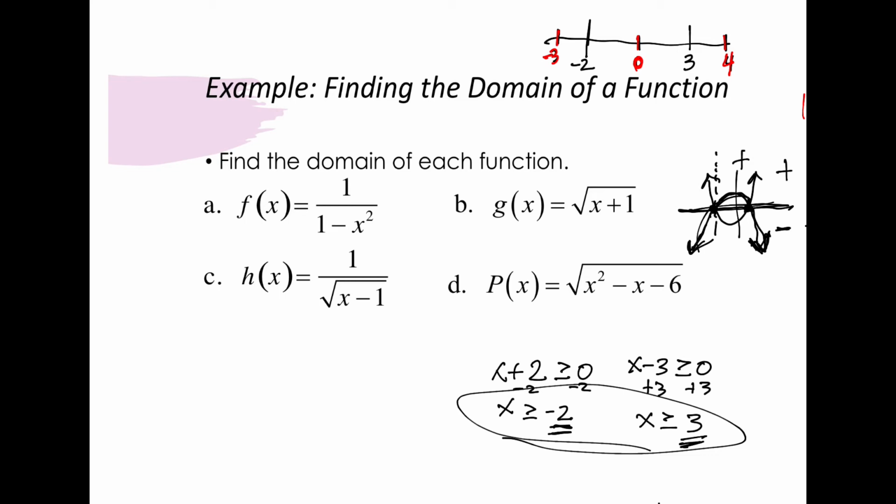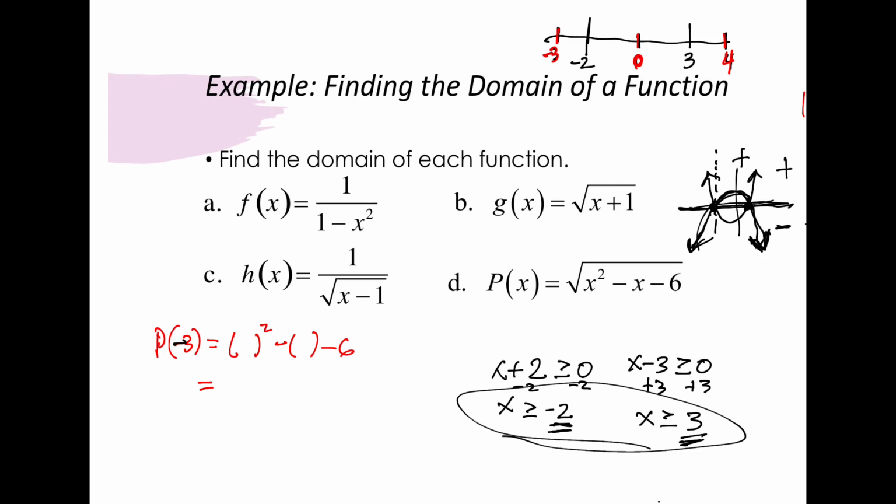What we're after, remember, is an input that gives me a positive output. So let's start off with -3. So P of -3 would give me, and I'm going to write it without the square root, we're just looking for positive outcomes, x squared minus x minus 6. Oops, don't want to put x there. We actually want to put parentheses, and then put my input, which in this case was -3.